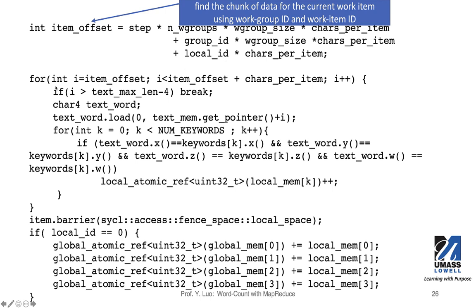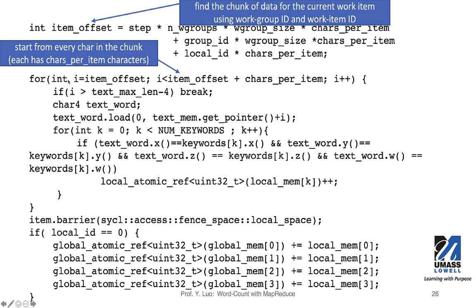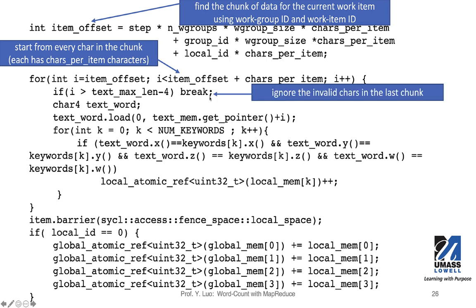And then we have this for loop that we use to go through every character in the chunk assigned to this work item. This offset comes from the computation we use to specify where to start in the whole text file for this work item. And I'm going to go through these many characters for this work item. Then we will do some boundary checking to ignore the trailing characters after the very last chunk.